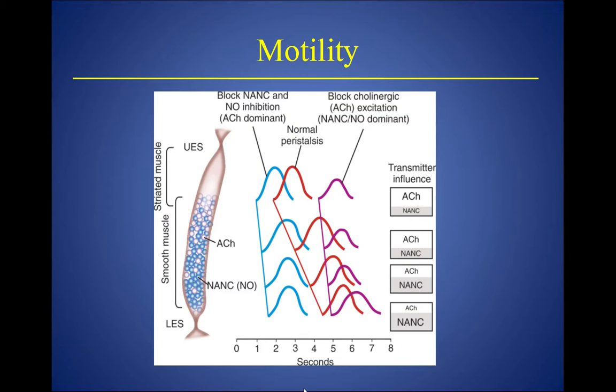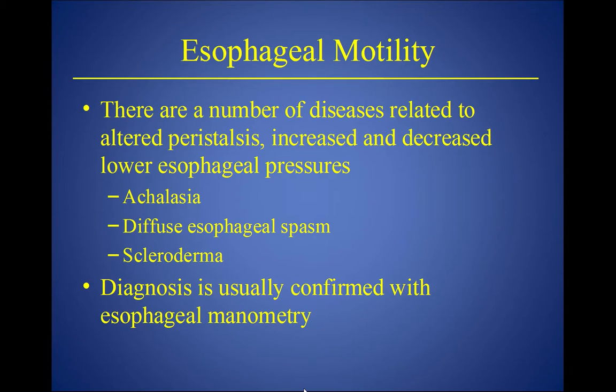Here we're talking about motility issues now, moving along. There are a number of diseases related to altered peristalsis. In esophageal motility, the majority of patients with motility disorders or complaints will have these non-specific diseases.